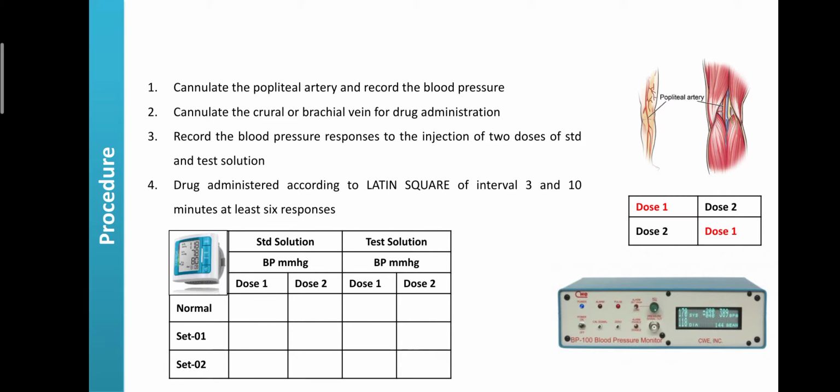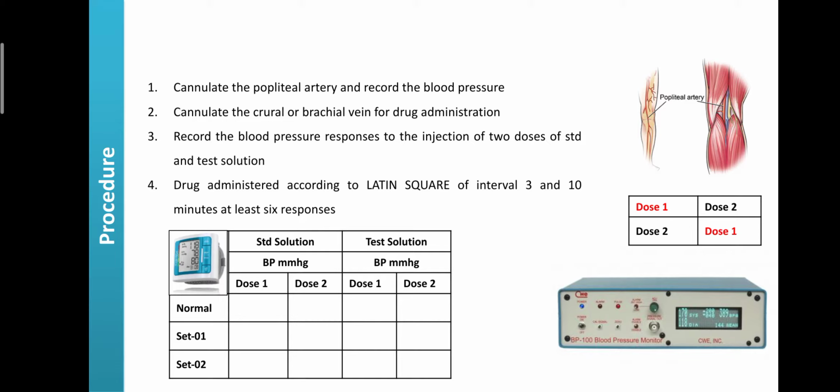After that you isolate the popliteal artery, which is present in the leg of the animals or the leg of human beings. Along with the femoral artery, which is a branch of the popliteal artery, it supplies oxygenated blood to the leg.